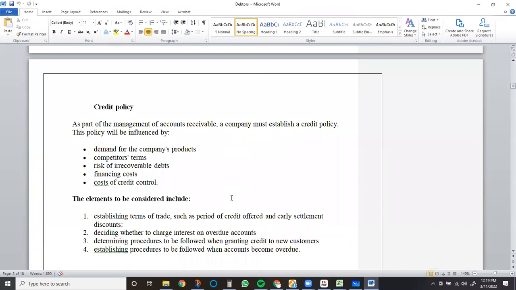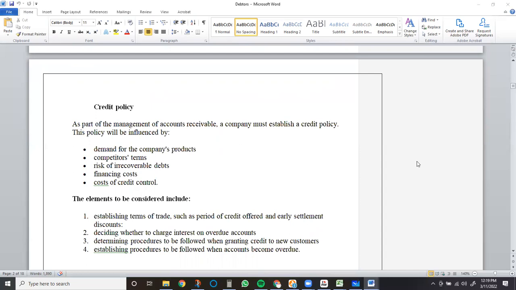Credit policy. As part of the management of receivables, a company must establish a credit policy. This policy will be influenced by demand for the company's products, competitors' terms, risk of irrecoverable debts, financing costs, cost of credit control.